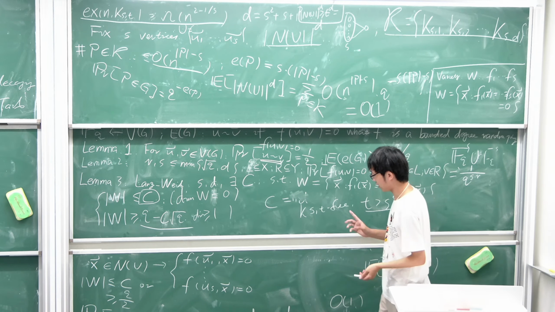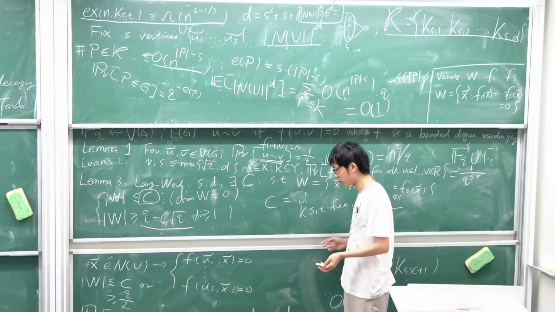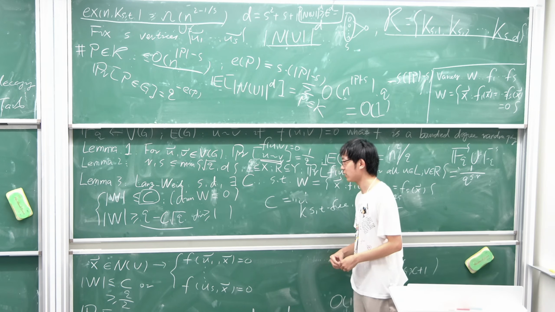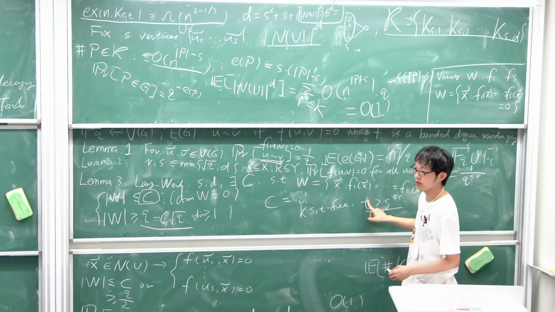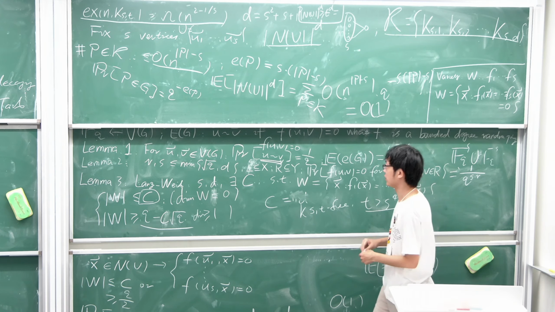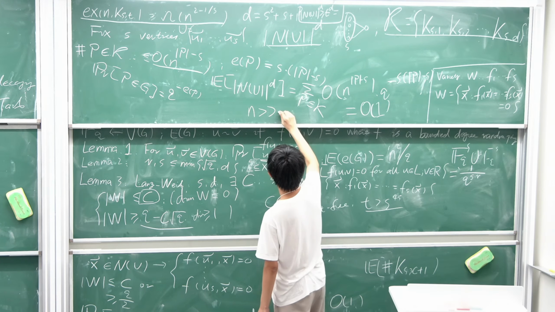So there are two questions we can further study. The first, we care about the dependence. That means we can set that n is sufficiently large in terms of t, and t is also sufficiently large in terms of s.